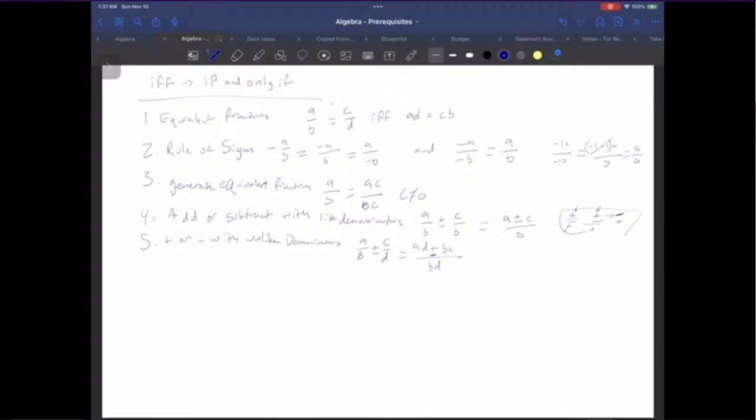So A divided by B times D over D plus minus C divided by D times B over B. That works because of what we talked about in number 3, generating the equivalent fractions. We can always multiply by a 1 to get the same thing. But the reason it works here is because we want the common denominator on the bottom, the BD.